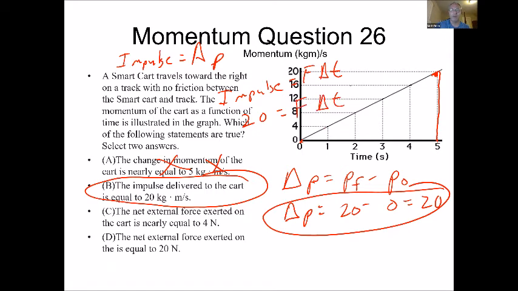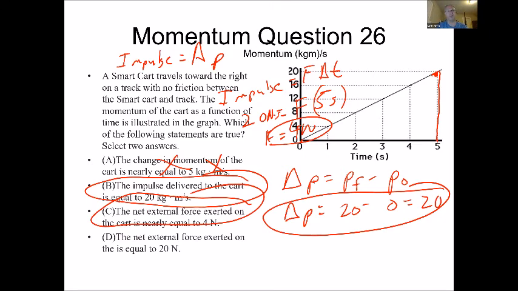The time we know is 5 seconds. So if we divide that out and solve for F, F is equal to about 4 newtons. So C looks like a correct answer as well. So our choices here are B and C. This is one of the select 2 answer questions.